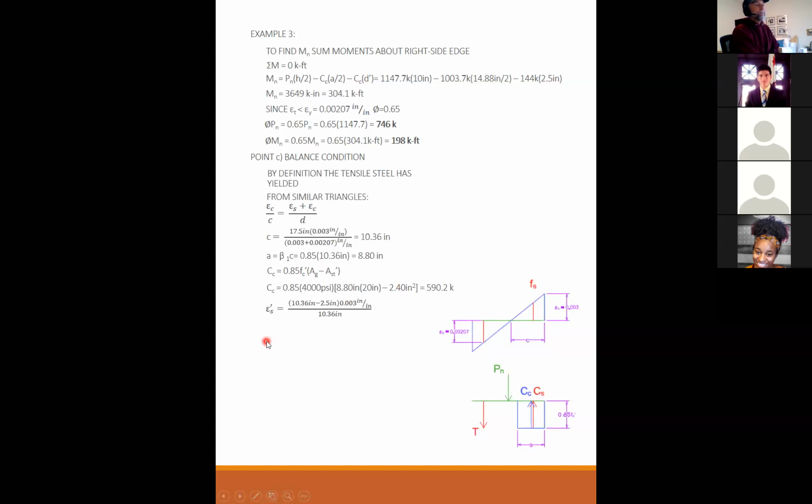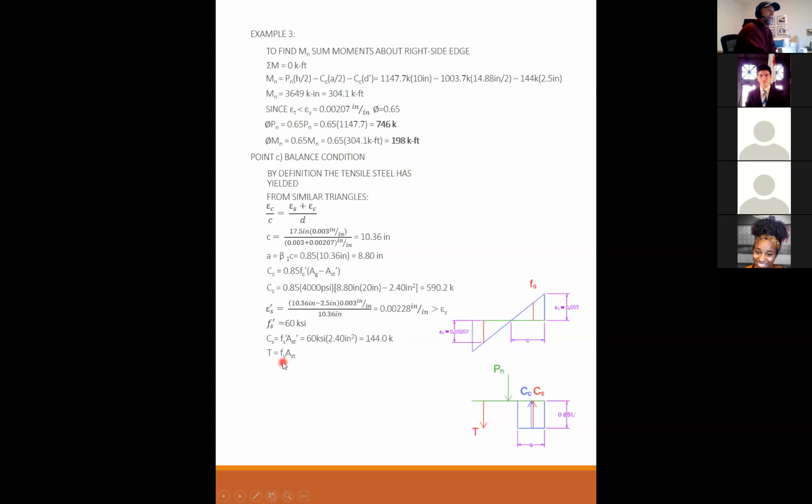Epsilon prime S is by similar triangles now. 10.36 minus 2.5 times 0.003 over 10.36 is 0.00228. So the compression steel has yielded. So F prime S is 60 KSI. So the force in the compression steel is 60 KSI times the area, 2.4, is 144.0 kips.